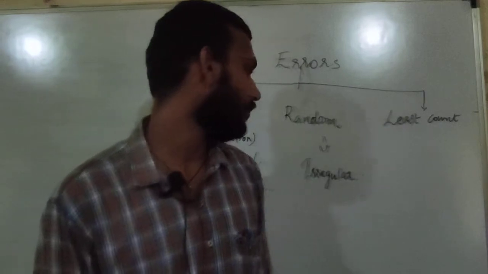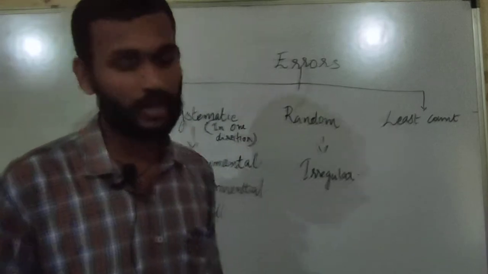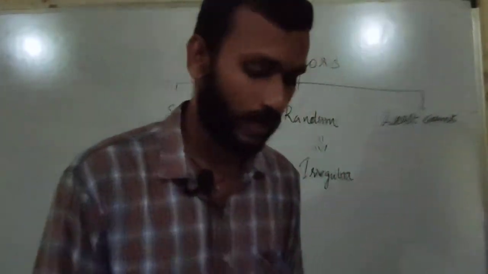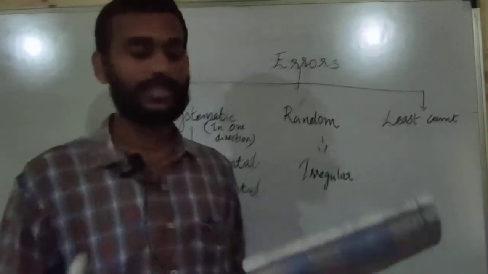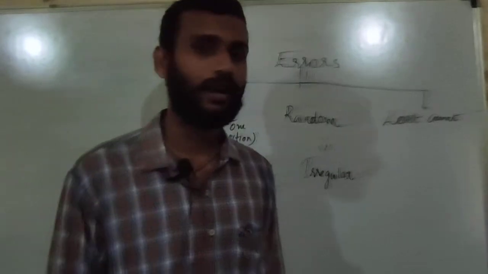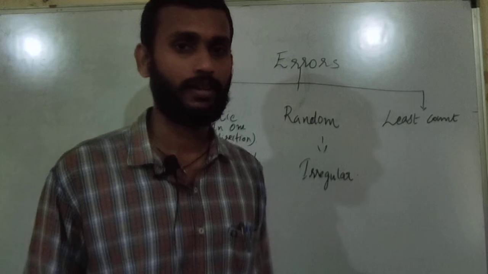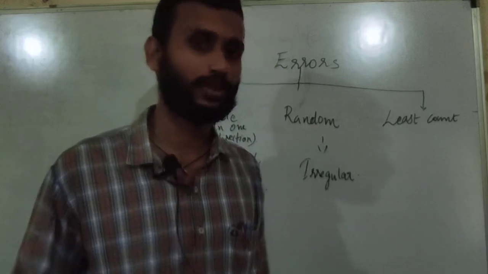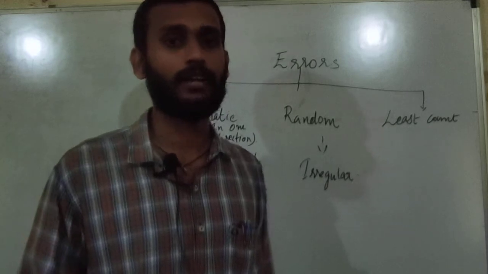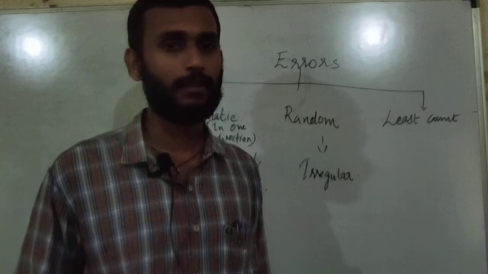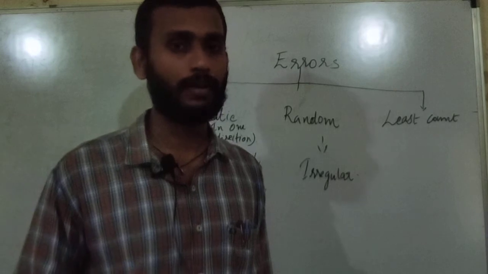Now, let us come to the random errors. Random errors happen irregularly, and they can be in both positive and negative directions. Going through what is given in the textbook, these random errors happen due to unexpected fluctuations in experimental values, such as atmospheric pressure, temperature, voltage and current. Sometimes a huge variation may happen suddenly.